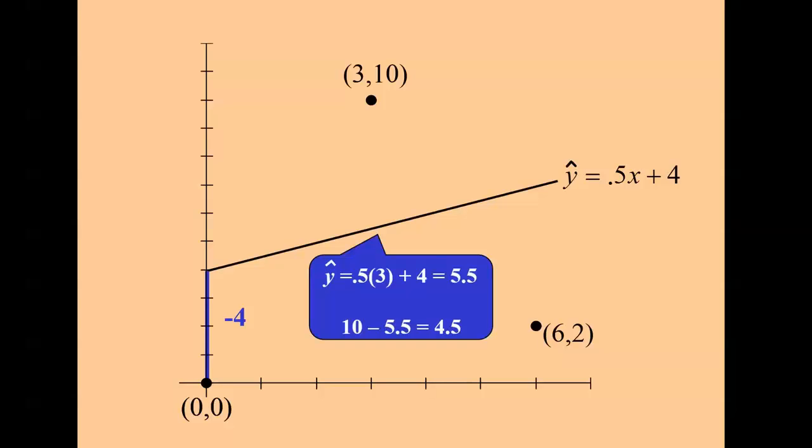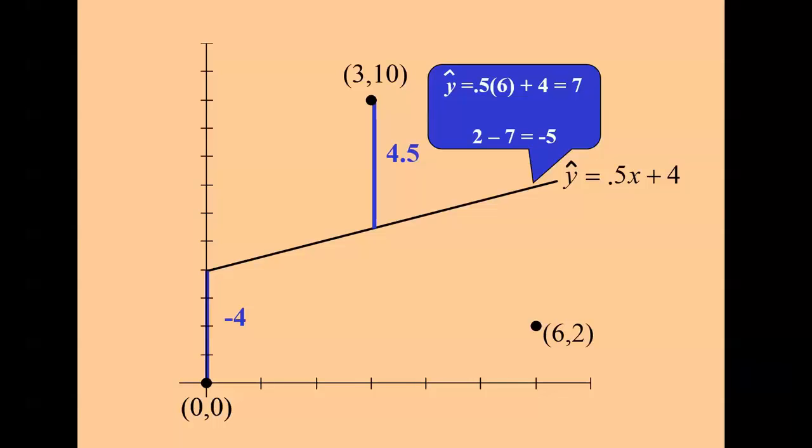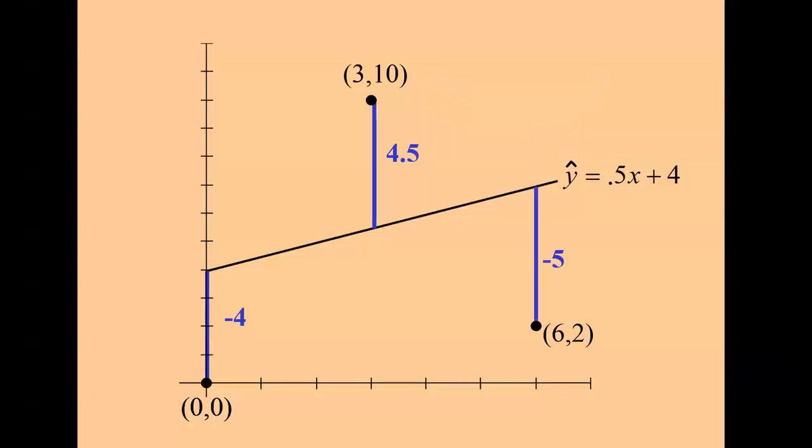The second point, 3, 10. I predicted using this 0.5x plus 4, I predicted 5.5. That meant the amount I was off was 4.5. And same with 6 comma 2. I use the equation to predict what I think it is at 6. I think it's 7, and it actually is 2. So I'm off by -5.